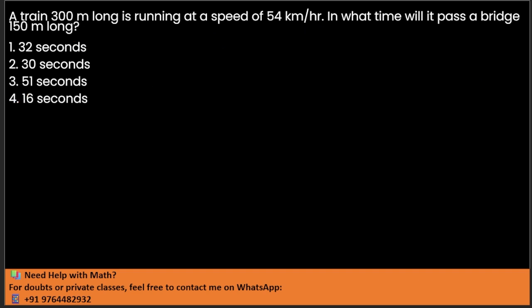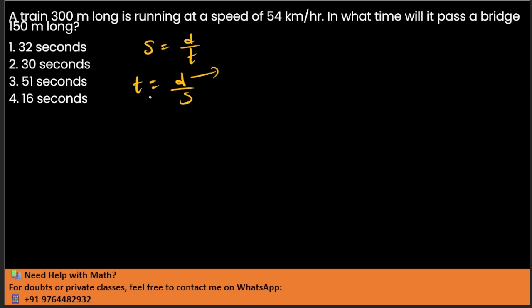Now the next question. Here we have a train 300-meter long running at a speed of 54 km per hour. In what time will it pass a bridge 150-meter long? So again we are going to apply the formula. We have speed is equal to distance upon time, so time is equal to distance upon speed.